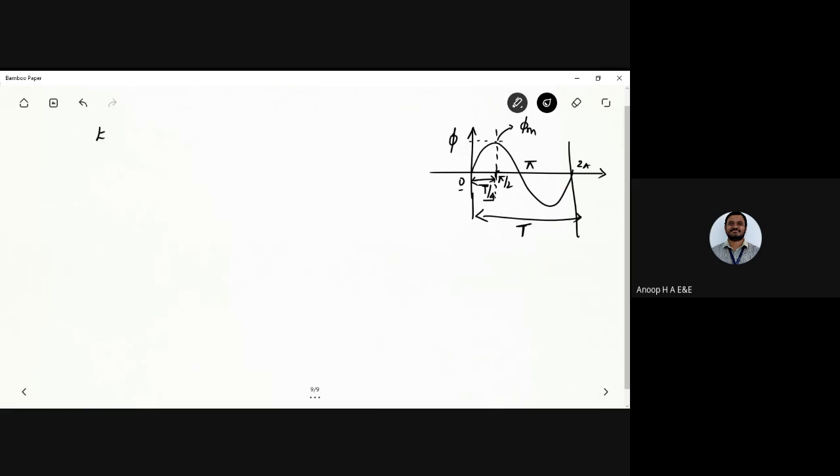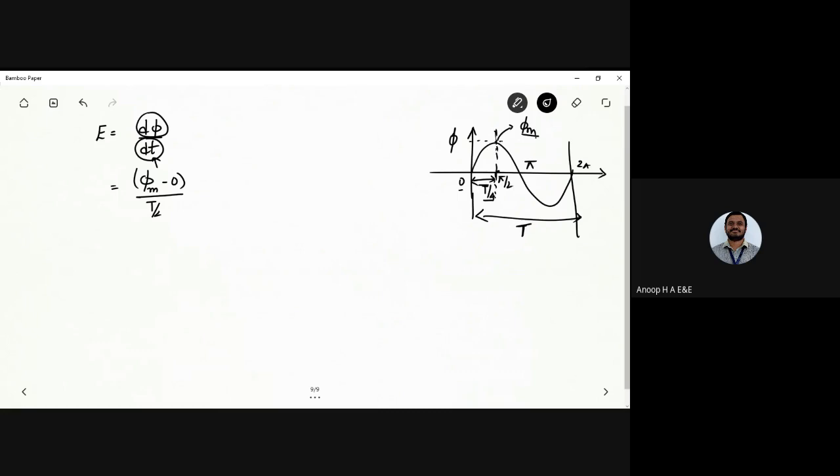Now, if I want to find the EMF equation, that would be d phi divided by dt, the change in the value of the flux and the time taken for it. So how are we going to calculate it? The change in the flux is phi m minus 0. The initial value of flux is 0, and the maximum value of flux reached, such that the EMF is induced, is phi m. Now, how can I write dt?